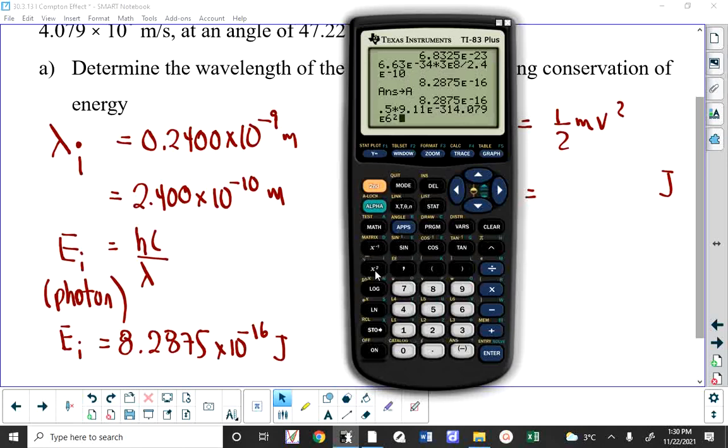Is that speed of the electron times 10 to the 6? Okay.